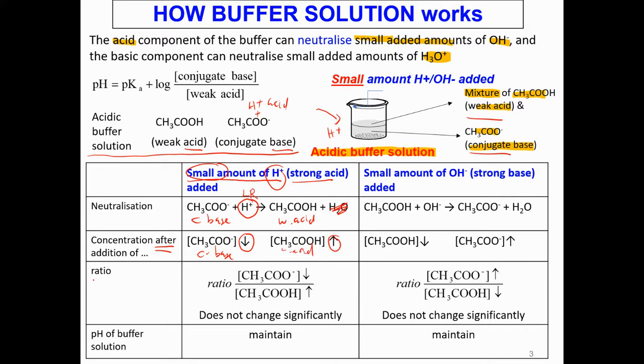Remember, the ratio in the Henderson-Hasselbalch equation is conjugate base over weak acid. Our conjugate base decreases and at the same time weak acid increases. Thus there's no significant change in the ratio of conjugate base to weak acid. That is why we say the pH of the buffer solution is maintained even after a small amount of strong acid or strong base is added.